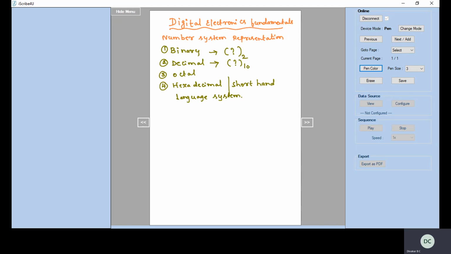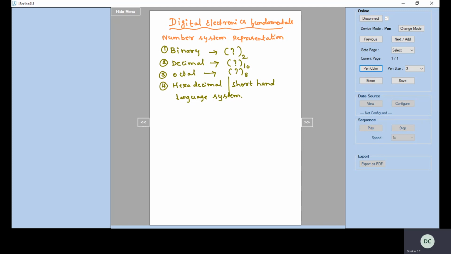And the next one is the octal number system. The octal number system is one in which it takes the digits from 0 to 7. The base or radix is 8.